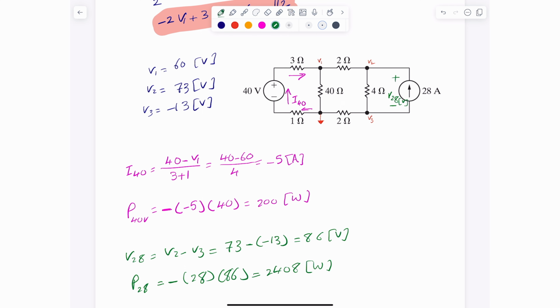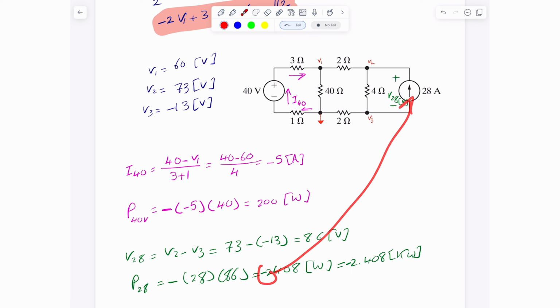So that's about 2.4 kilowatts, to be exact 2.408 kilowatts, and that's in the negative as well. I forgot the negative in here. The negative tells me that this source is generating power, which I already know because this one is consuming power.